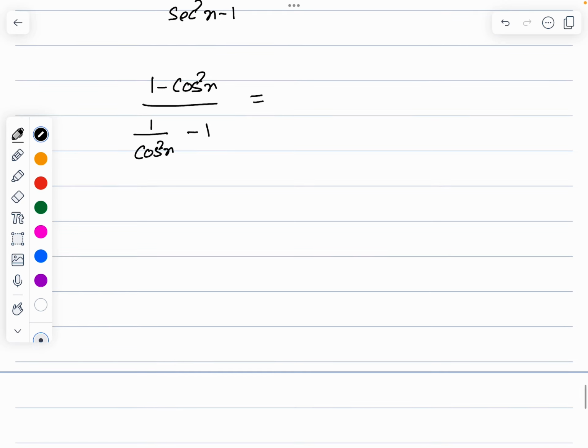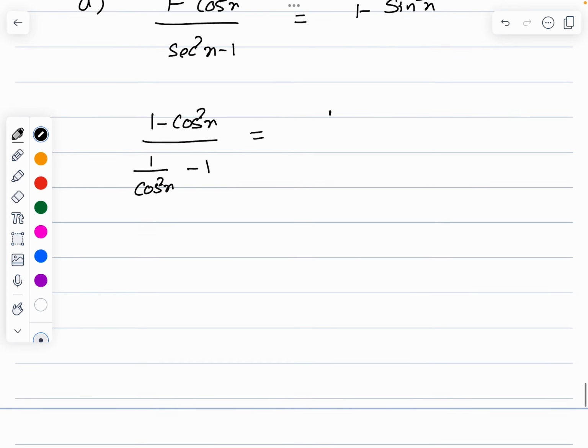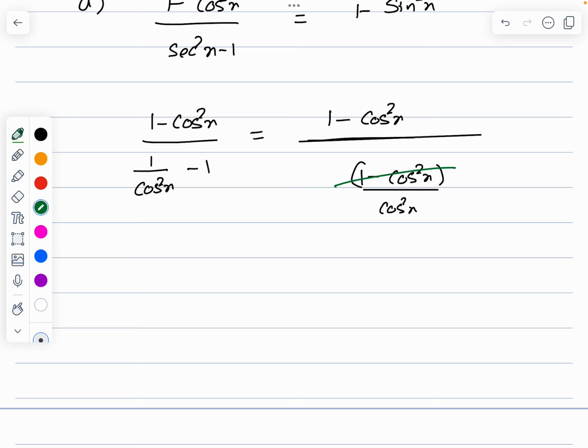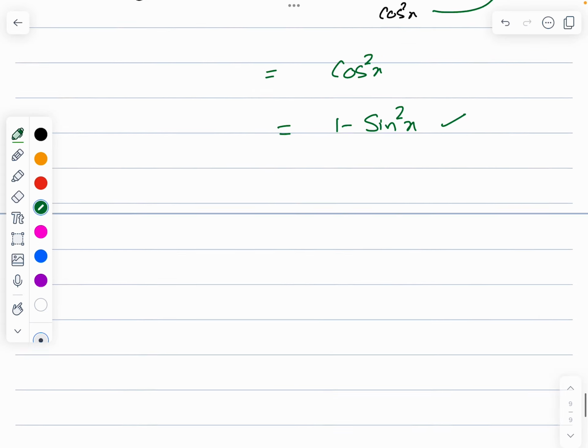The common denominator in the denominator is cos square x. Then the numerator is 1 minus cos square x. We can see that 1 minus cos square x and 1 minus cos square x get cancelled. The cos square x goes to the numerator, so it becomes cos square x. Cos square x can be written as 1 minus sin square x. That's going to be the answer.